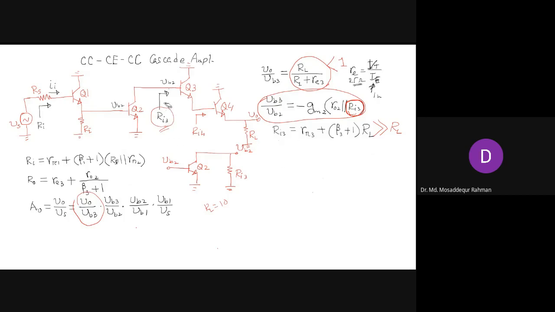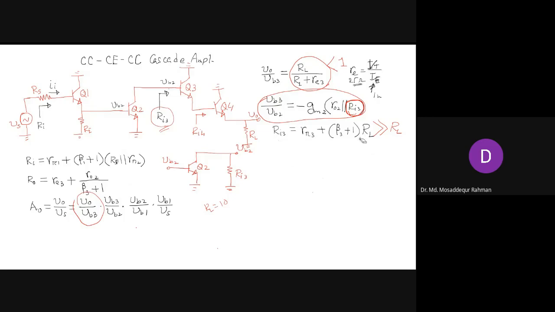Now, before, RL was connected at the emitter of Q3. Now we have Q4 connected, right? So looking into the base of Q4, the resistance is Ri4, right?